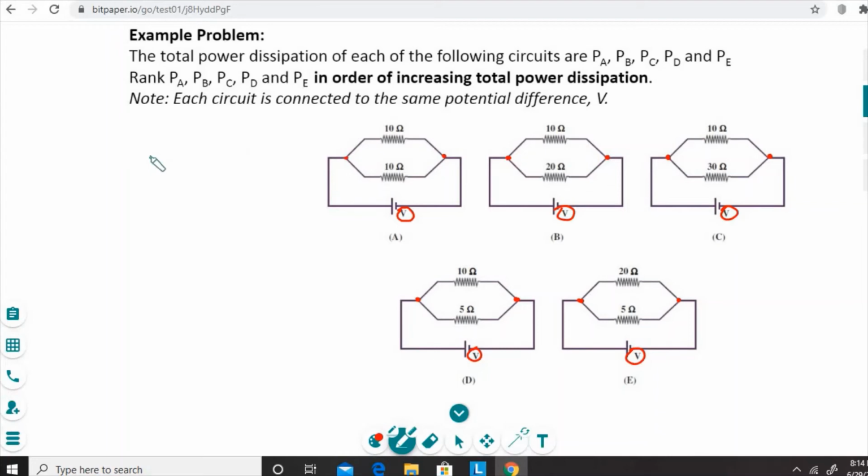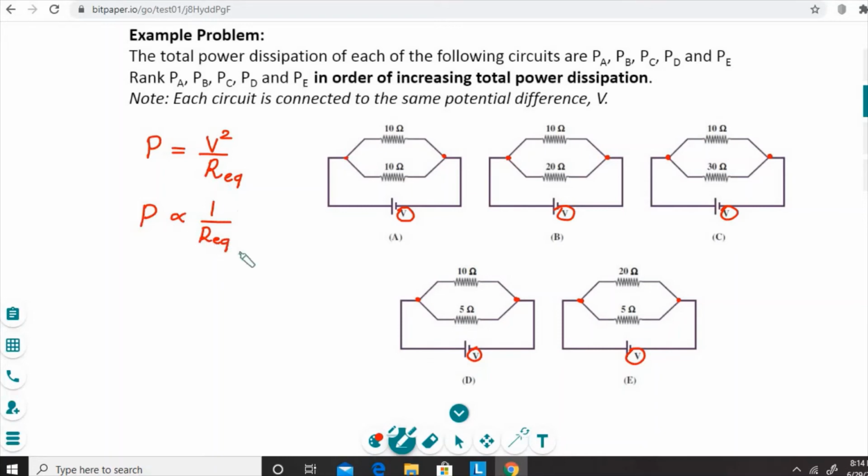Now, the power dissipation equation can be written like this. If P is power, that is equal to voltage or the potential difference squared divided by the resistance. Here, instead of just one resistance, we have to use the equivalent resistance for that given circuit. However, since we know that the voltages are the same, we can simply write power is proportional to 1 over R equivalent.